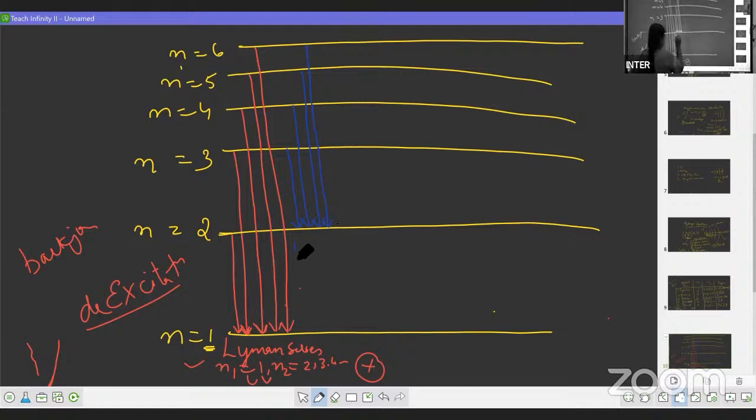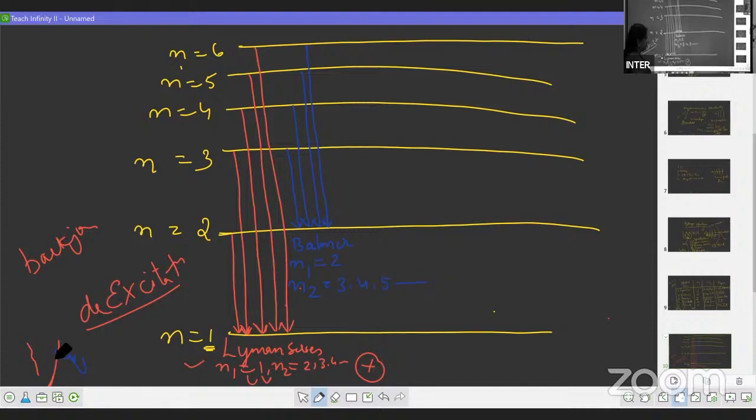It is called as Balmer series. Now, what is N1 here? N1 is 2. N1 मतलब इलेक्ट्रॉन कौन से ऑर्बिट पे आके रुक रहा है? So electron is stopping at second orbit. Then N2. N2 मतलब इलेक्ट्रॉन कौन से higher orbit से आ रहा है? So this is 3, 4, 5 and so on.